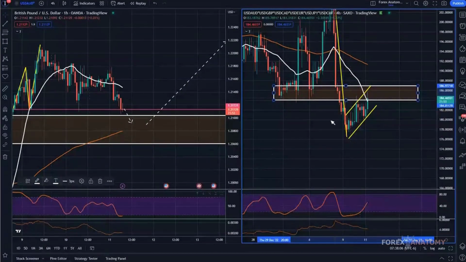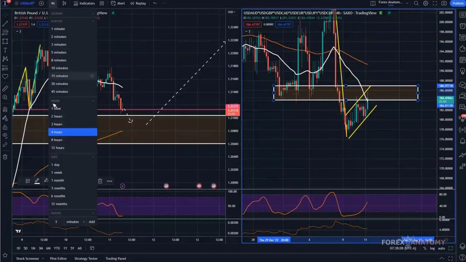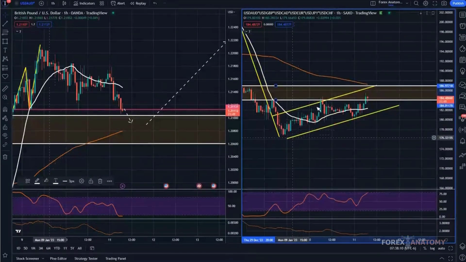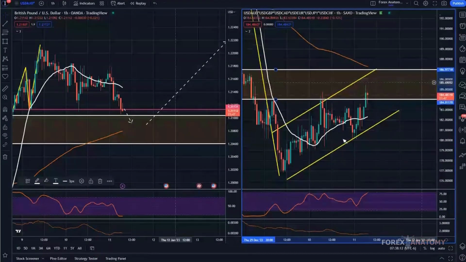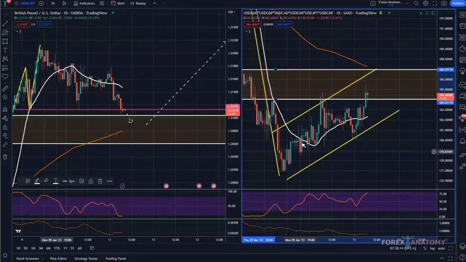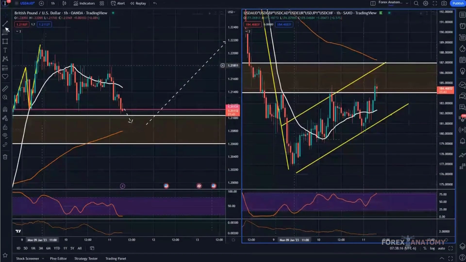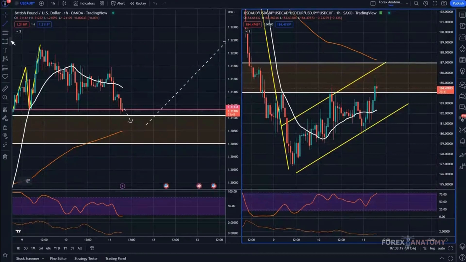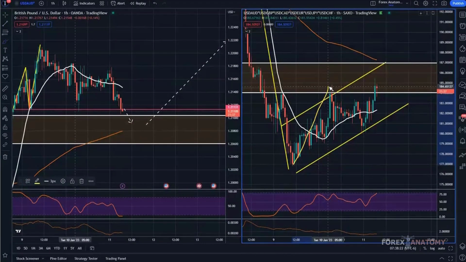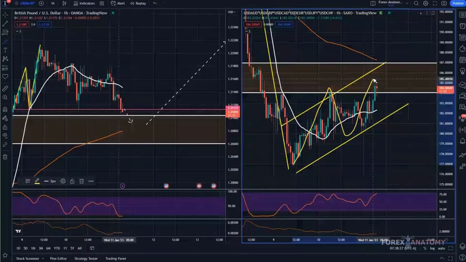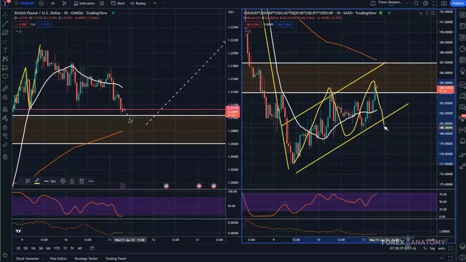So in many cases, that's all we need. What we see on a 1 hour, we see price come, test what was once support. That area becomes resistance. And then it gives us that three-wave pullback that we typically want to see. Leg A, leg B, and leg C. So yeah, we'll be looking to short.